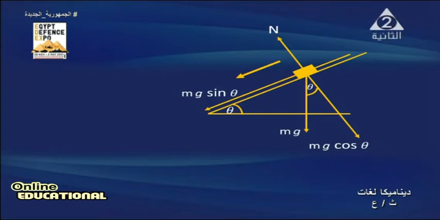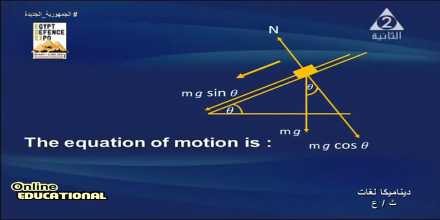The body moves downward the plane because the body moves under the action of its weight only. Then what is the equation of motion in this case? In this case, ma equals mg sine theta. mg sine theta is the force acting on the body in this case.